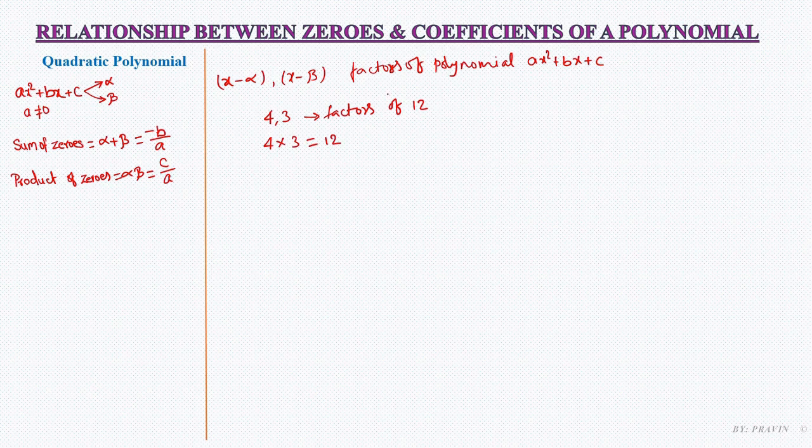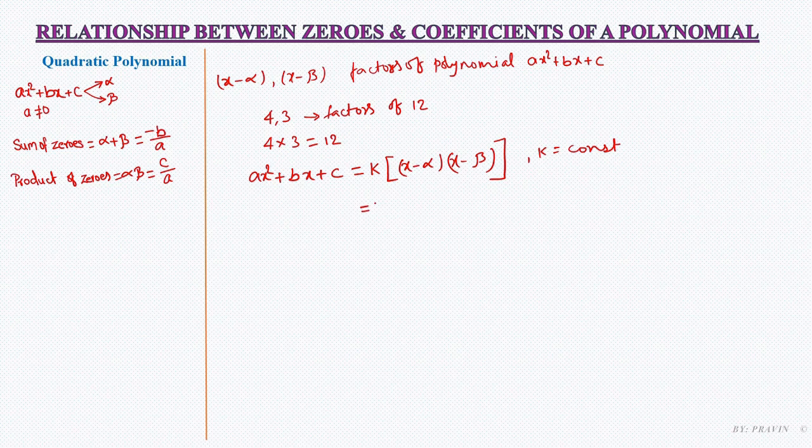Based on this concept, ax² + bx + c will be equal to k times (x - alpha)(x - beta). Here k is a constant, because you don't know the exact values of a, b, c, alpha and beta, so you need to put a constant.